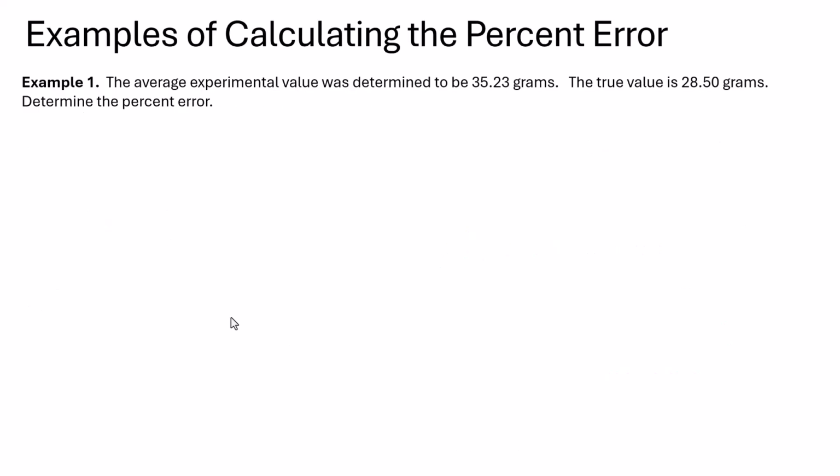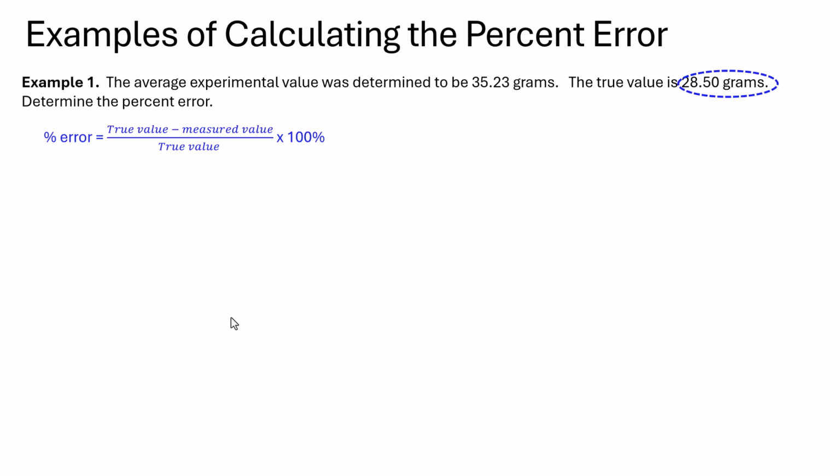All right, now, examples of calculating percent error. This is really easy. This is what we call just a plug and chug. So the average experimental value was determined to be 35.23 grams, and the true value is 28.50 grams. So our equation to calculate the percent error is true value minus measured value over true value times 100%.